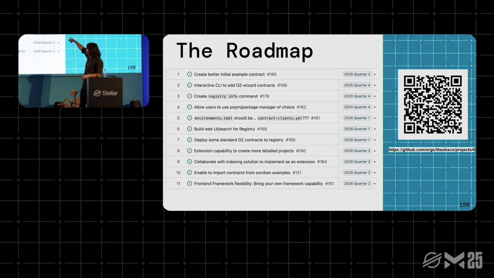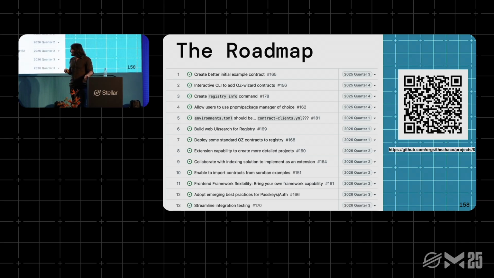Extensions coming in Q2 and adding indexing via extensions. I was talking to Nicole. We might also do a hackathon to get people to author their own extensions. BYO front end, make it easy to import contracts from elsewhere. And then we also want to follow the passkeys evolution and push the best practices for passkeys as we go.